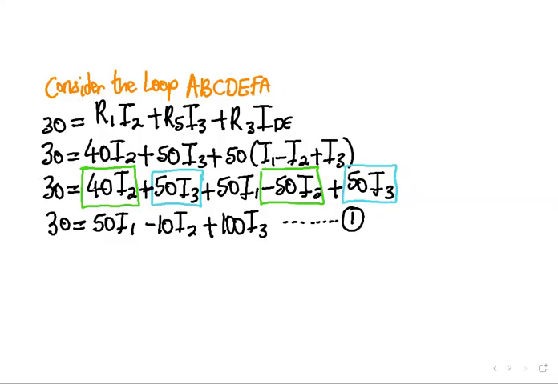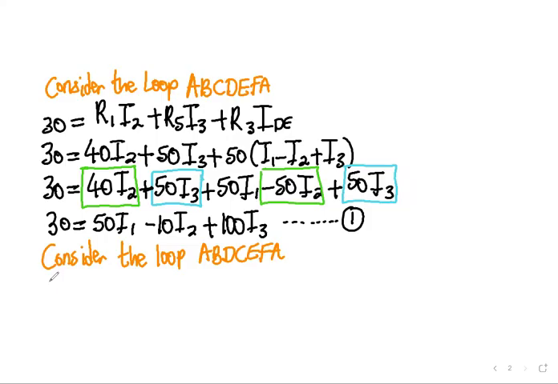And then after this, I'm gonna now use the second loop. So here we're gonna choose our second loop, which is gonna be A, B, D, C, E, F, A. So that is our loop. And then after having that loop, we're now gonna apply Kirchhoff's law on that loop.